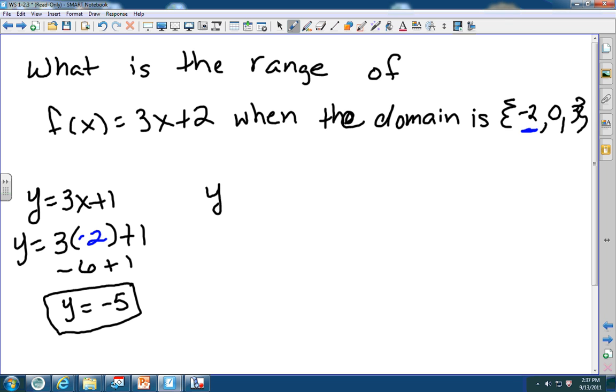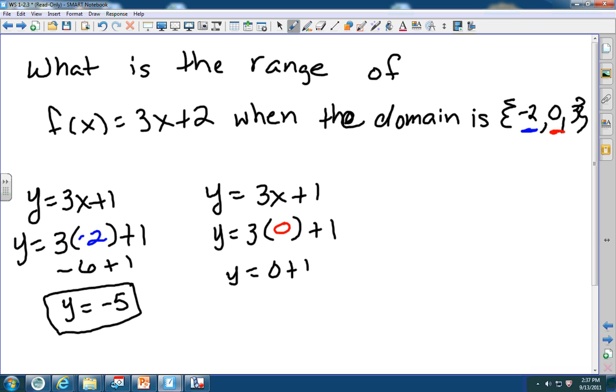The next one I have is 0. So I've got 3x plus 1. Y equals 3 times x plus 1. 3 times 0, I have y equals 0 plus 1. Y equals 1.